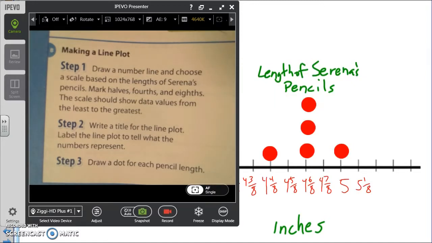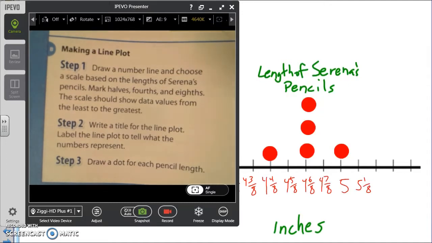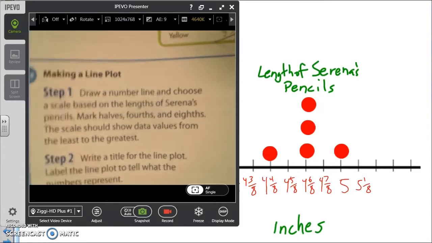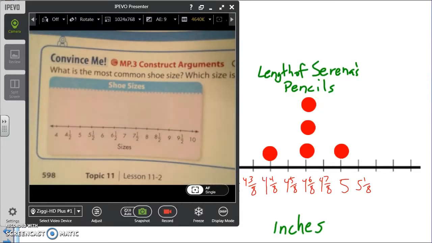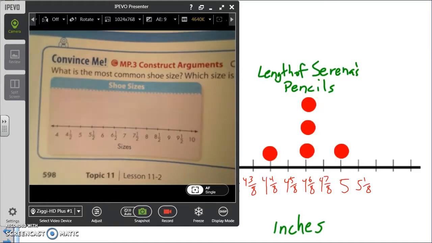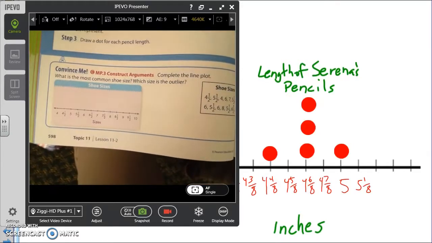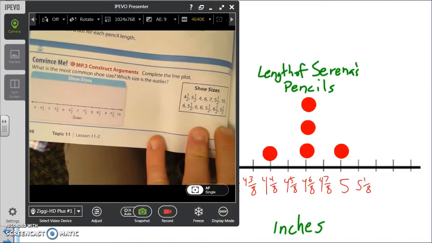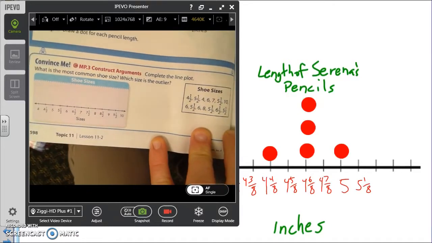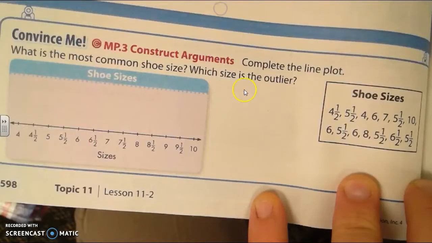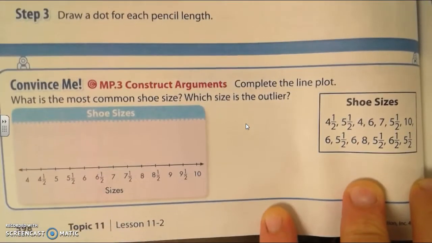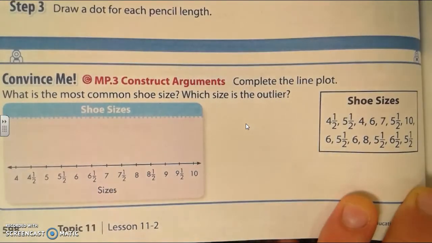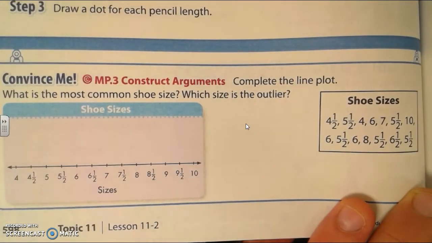You're going to see problems that are going to ask you to create your own line plot, just like another one on page 598. This is about the most common shoe size, right?